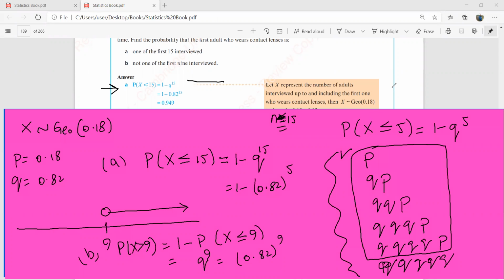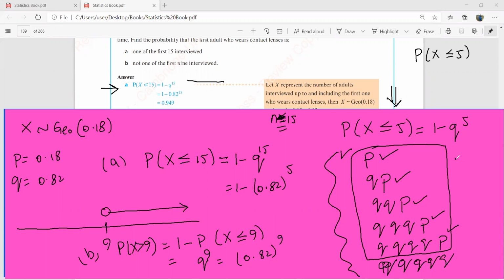Now it says one of the first 15 interviewed. The example I gave you was that you're going to attempt a SAT test. Your mother says, look, I'm giving you 5 chances, so you pass it in these 5 chances. Then you will tell yourself that this has to be done within 5 chances. This is where you pass in the very first attempt, second, third, fourth or fifth attempt. And there can also be the situation where you cannot pass in all these 5 attempts.